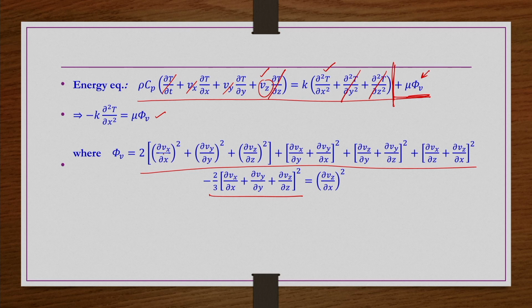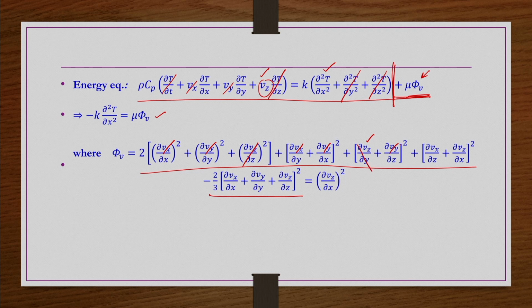So, Vx is 0, this term is 0, Vy is 0, this is 0, Vz is there, but Vz is not a function of z, it is a function of x only. So this term is also 0. Vx is 0, Vy is 0, Vz is there, but Vz is a function of x only, it is not a function of y. So this term is 0.